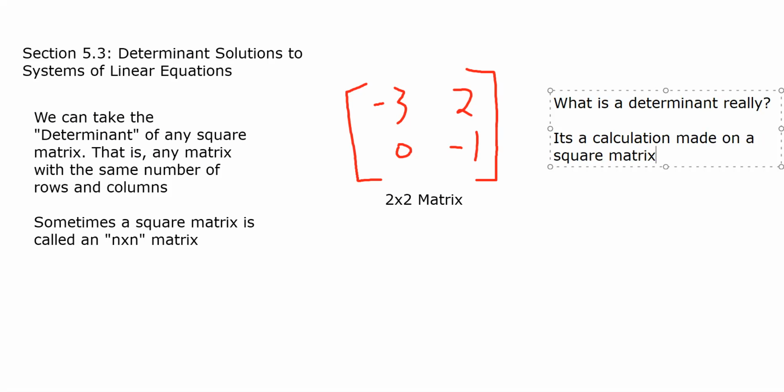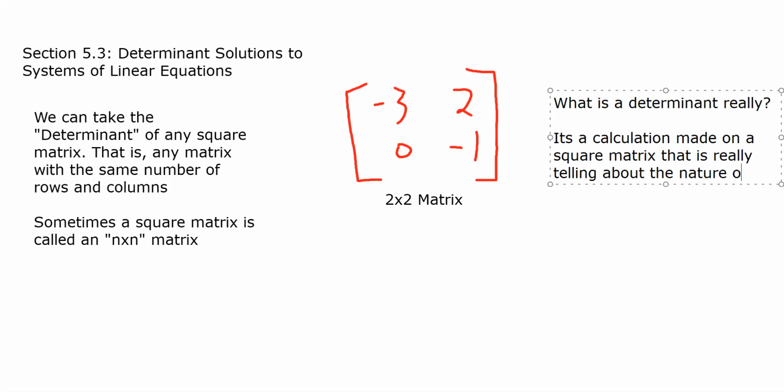That's just, it's literally not possible. It's not defined. It's a calculation made on a square matrix that is really telling about the nature of the matrix. And that's about as far as I'll go into an explanation about it.